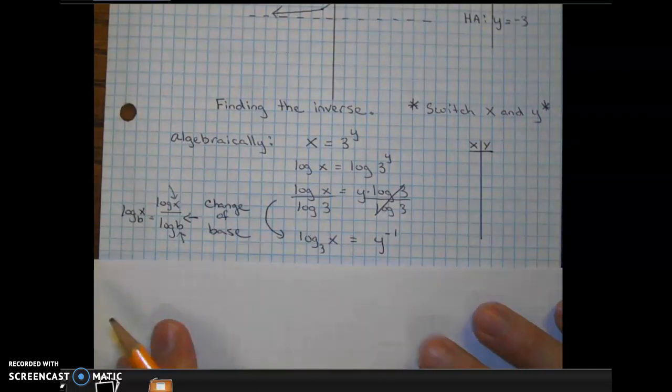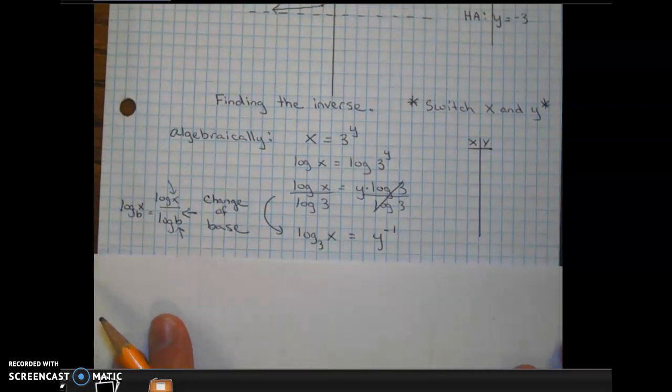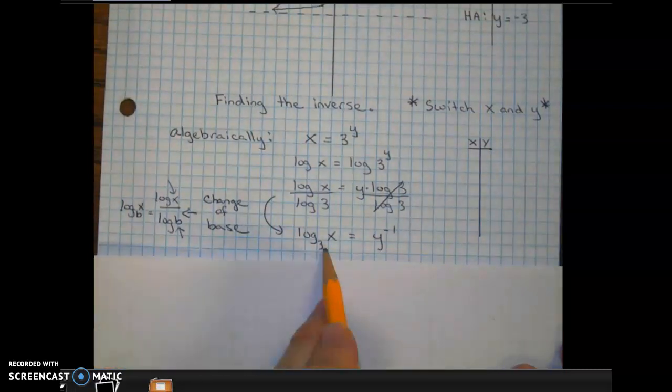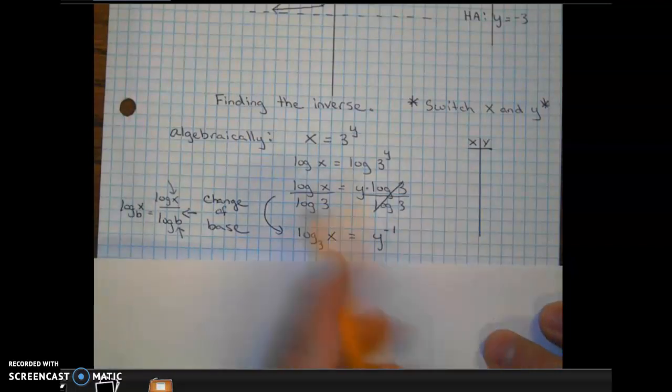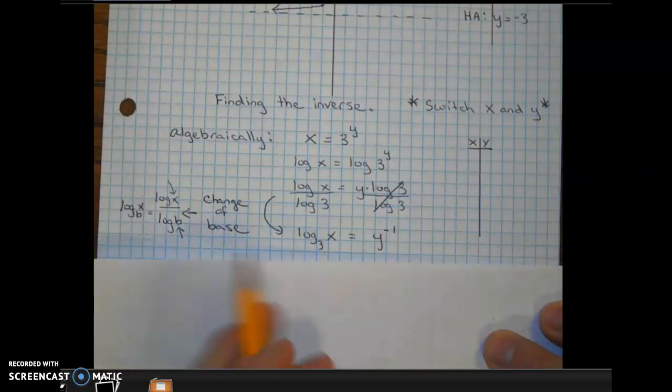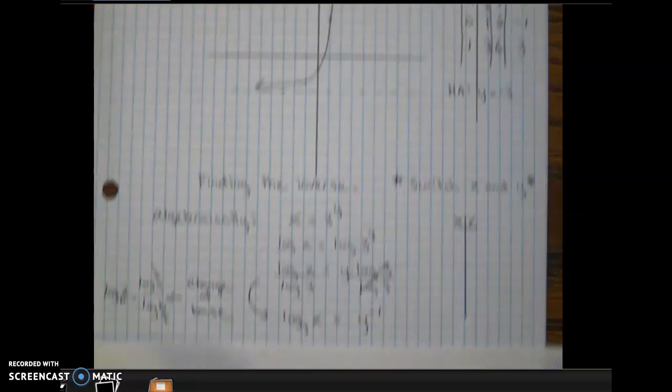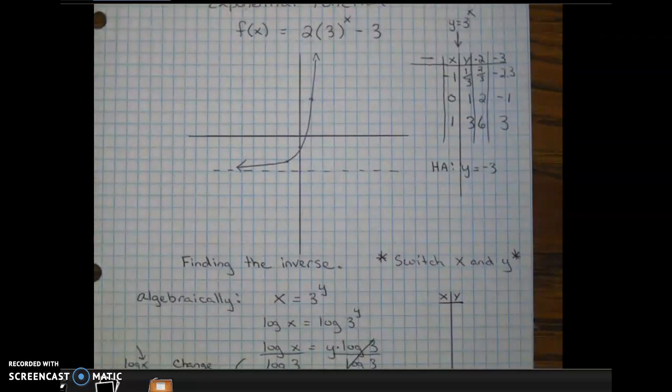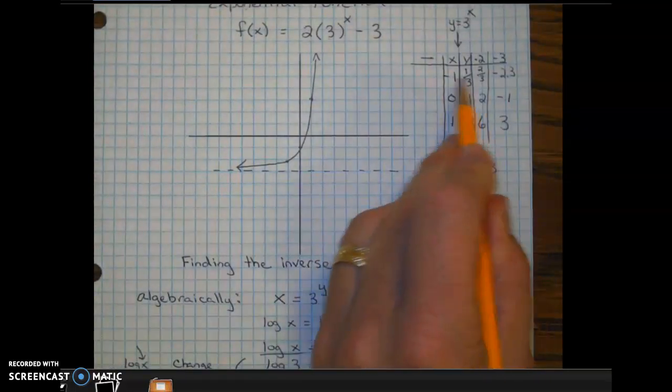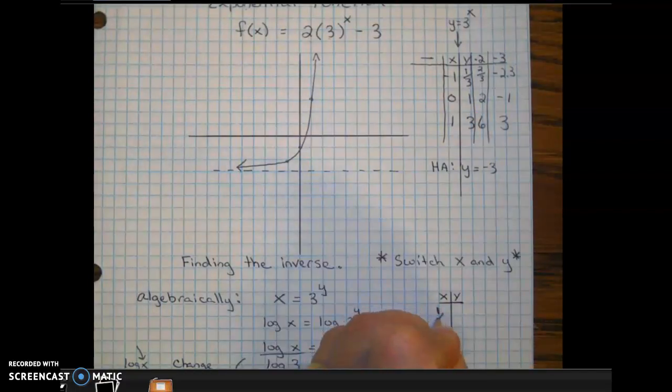Okay, so now let's take a look at the table for our parent. Again, remember that to find the inverse, you are switching x and y. So technically, for the parent, we would switch the x and the y. So we'd have 1/3, -1.